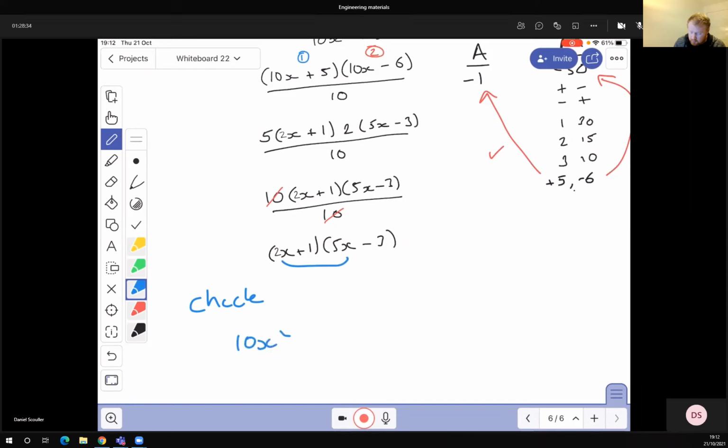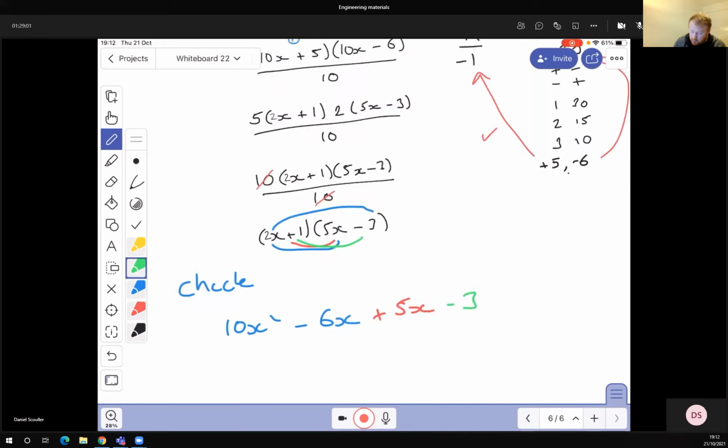Outside, 2x times minus 3, which would be minus 6x. Inside, 1 times 5x, plus 5x. And then your lasts, 1 and minus 3, which is minus 3.